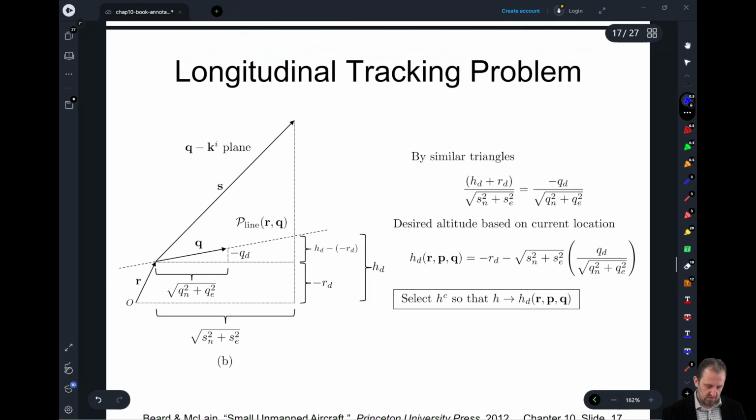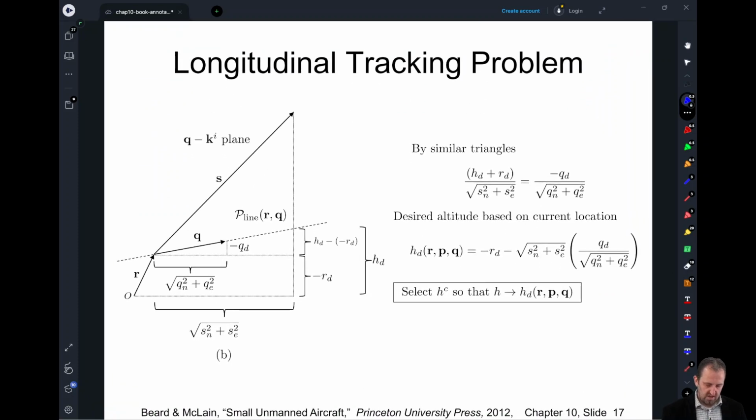Okay, so we just use our similar triangles, and then we can solve for our desired height. So this one, our desired height is that value. Negative r sub d, so that's our down component of the r vector.